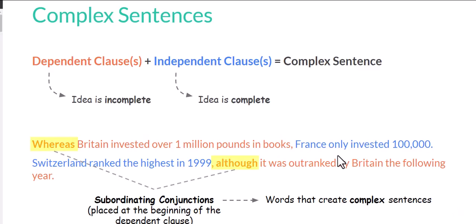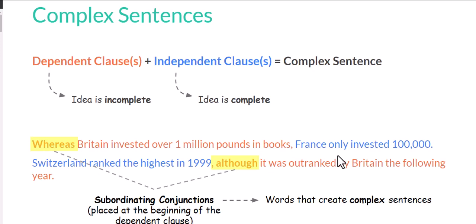When we talked about simple and compound sentences, and if you didn't see that episode, please click and watch it, because this is like part 2. I previously explained the compound sentence, the simple sentence and the difference between them.